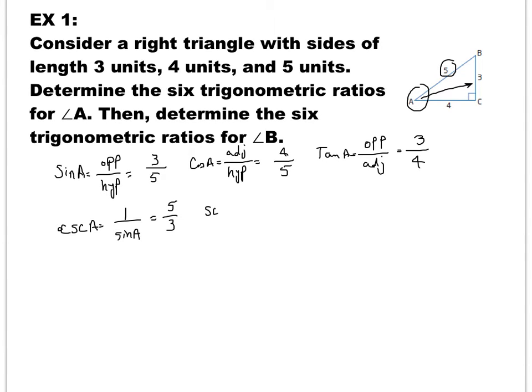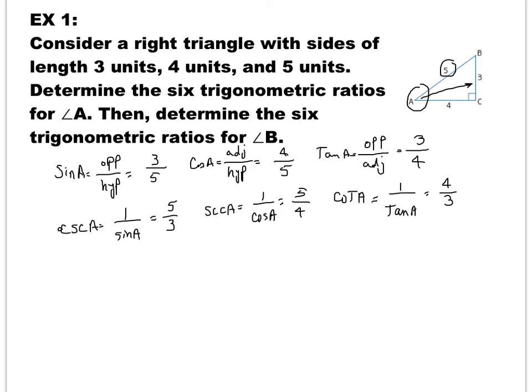The other one is secant A, which is 1 over cos A. Cos A is 4 over 5, so secant A is 5 over 4. And the last one is cotangent A, which is 1 over tan A. 3 over 4 is tan A, so the reciprocal of 3 over 4 is 4 over 3.